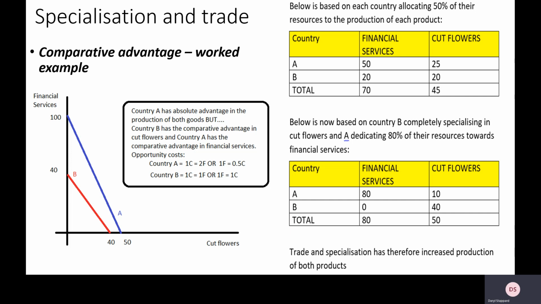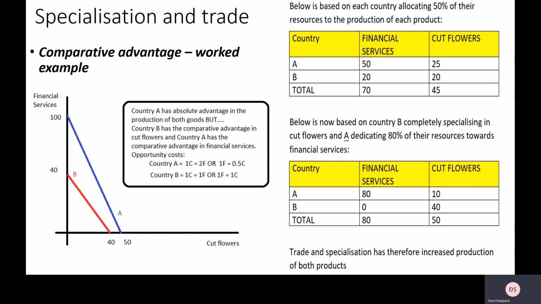Now in country A, if they shift their resources mainly towards financial services, 80% of their resources in fact, they can produce 80 financial services. Now they could produce 100, but by sacrificing those 20 additional financial services, they can still produce 10 flowers.